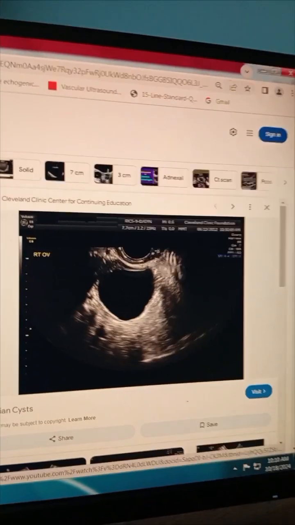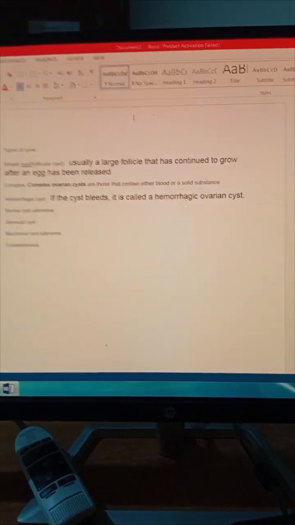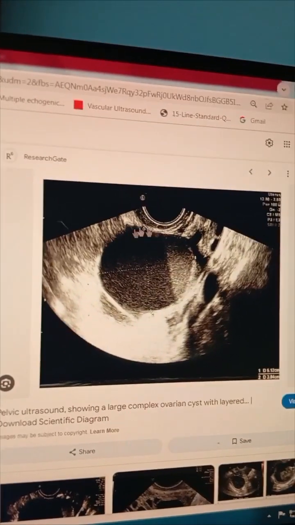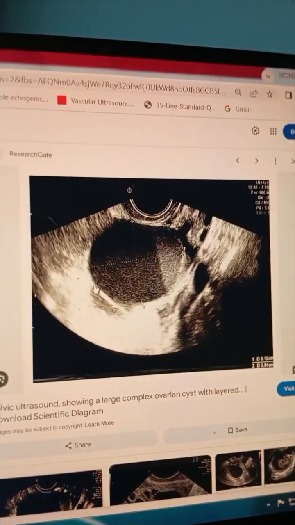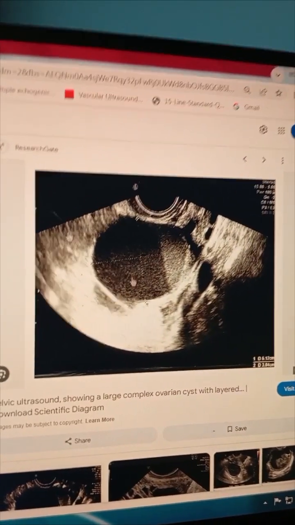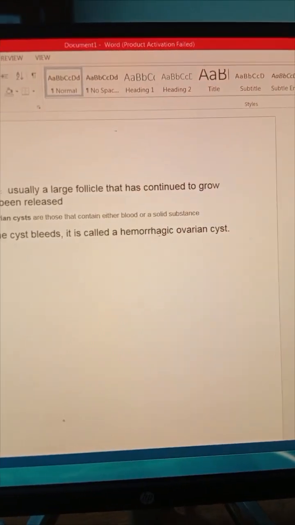Next is the complex cyst. Complex cysts are those which contain either blood or solid substance in them. Here are the complex cysts. They show debris and thin septa in them, but they don't show blood flow. If it shows blood flow, it could be a hemorrhagic cyst. If the cyst bleeds, it is called a hemorrhagic ovarian cyst.